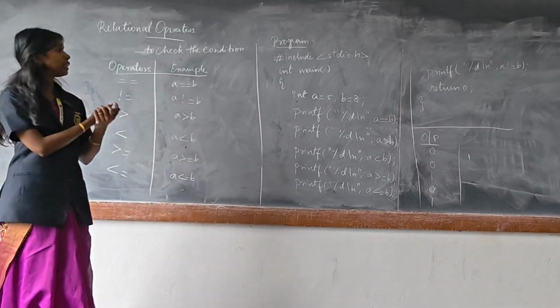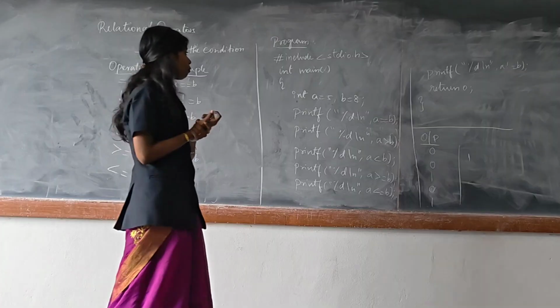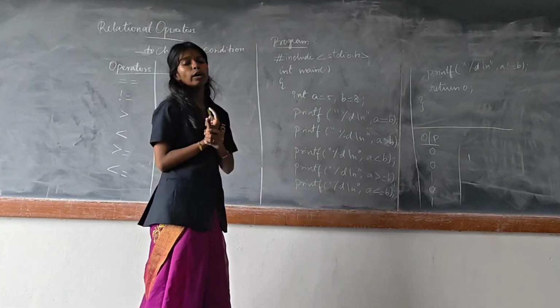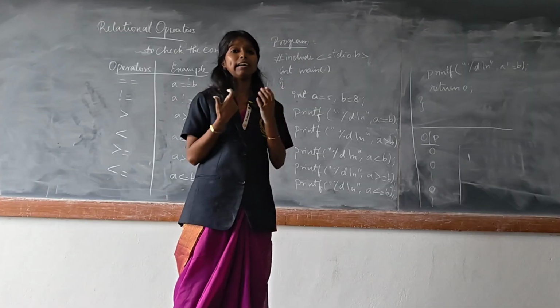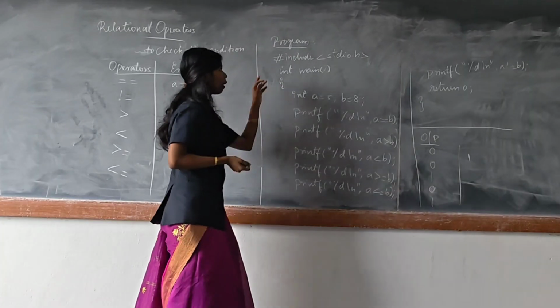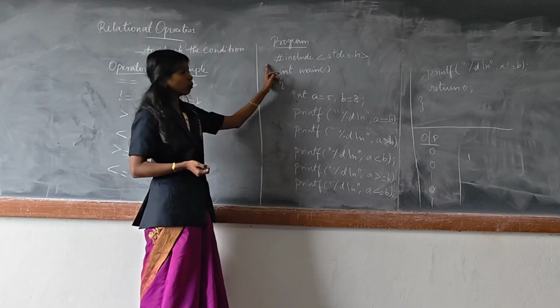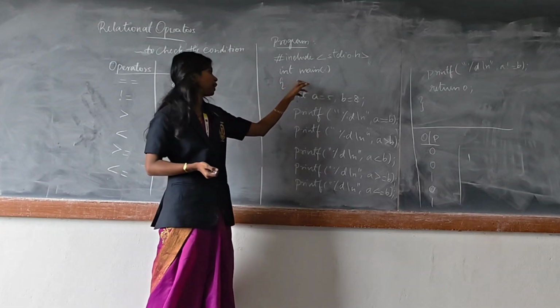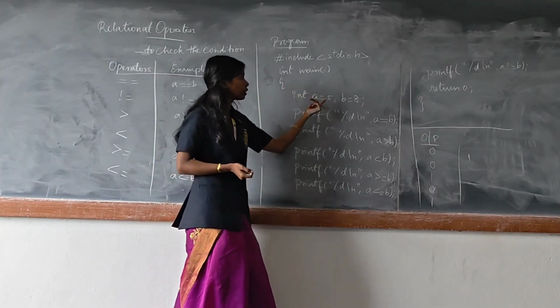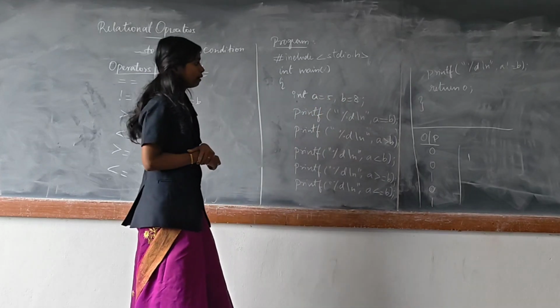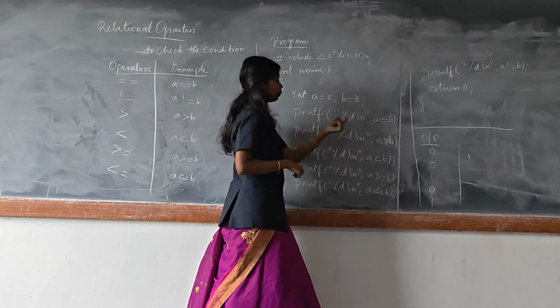Now we are going to see a simple example program of relational operators. You know relational operators are used to check conditions, right? First I have used the header file, hash include stdio.h. Next I have opened the main function. Now I have assigned the values a equal to 5 and b equal to 8. Now I have printed a equal to b.